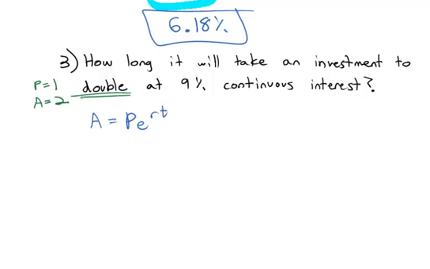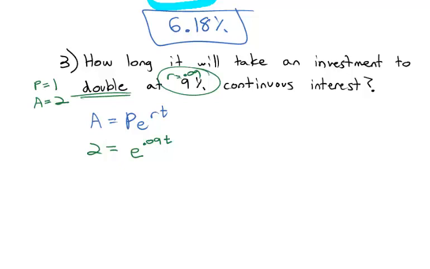I could use any numbers, but 1 and 2 are the easiest to play with. We know our interest rate is 0.09, the 9%. And so we end up with 2 equals 1, which we don't need to write, e to the 0.09t. And so we're going to try and solve for t.